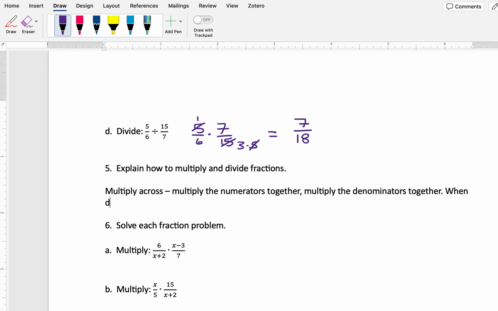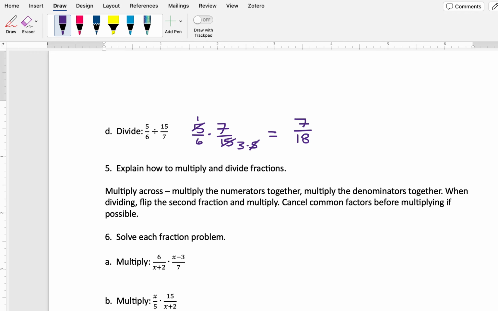When dividing, flip the second fraction, or sometimes we say multiply by the reciprocal. And then we want to cancel common factors before multiplying if possible.